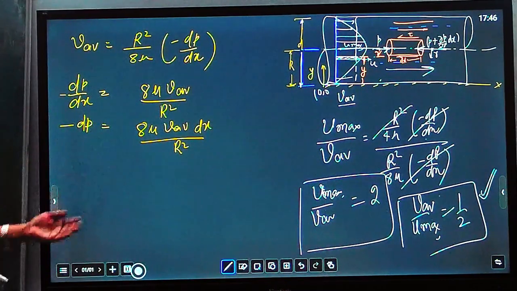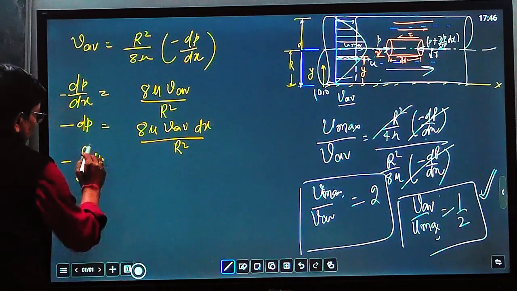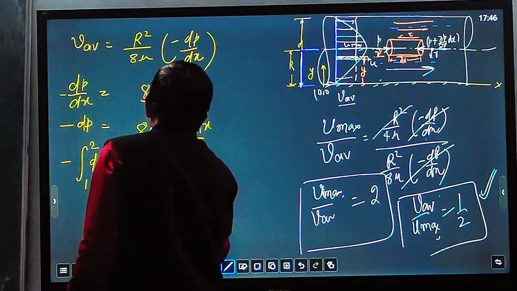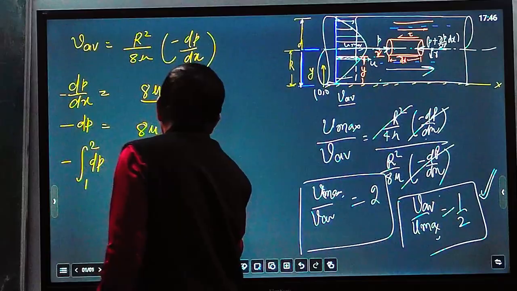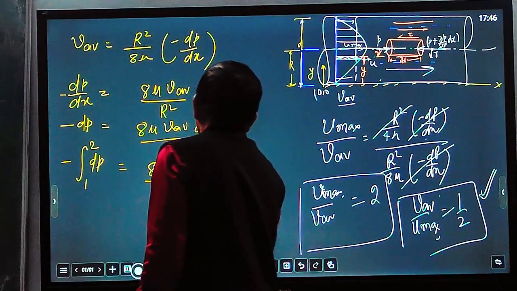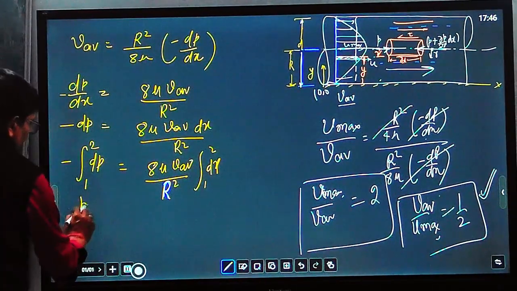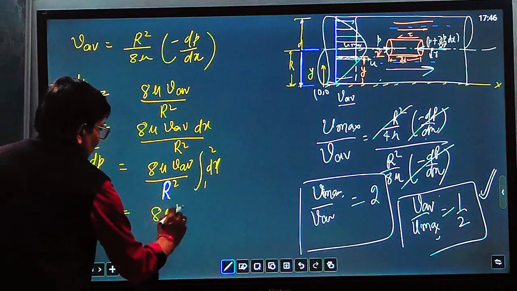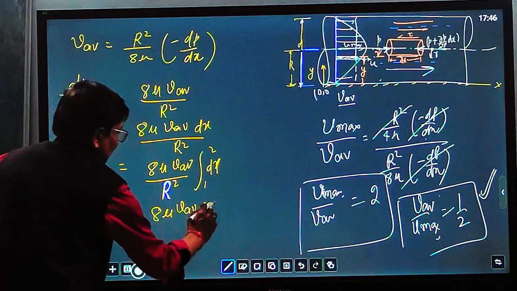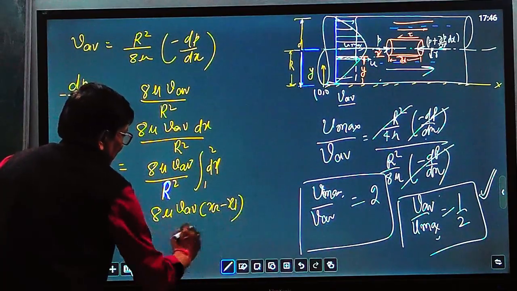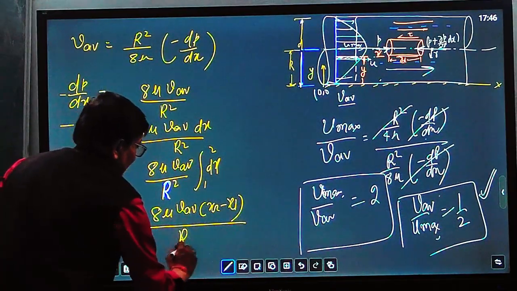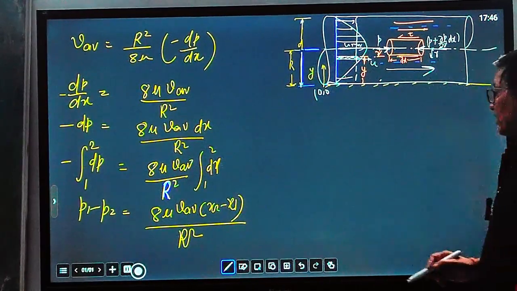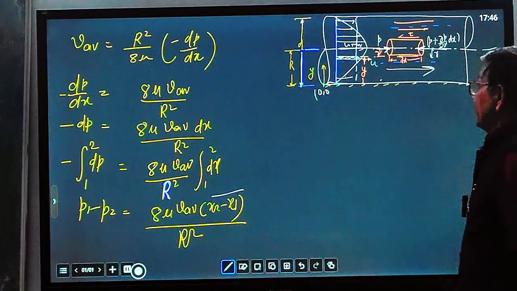Integrating this equation from 1 to 2, we get P1 minus P2 equals 8 mu V average (x2 minus x1) upon R squared. P1 minus P2 is delta P, and x2 minus x1 is a length.